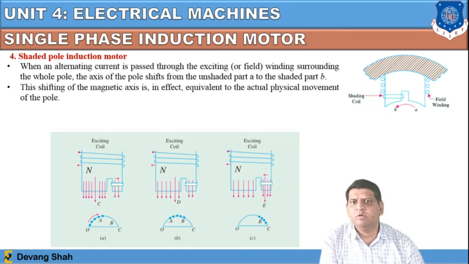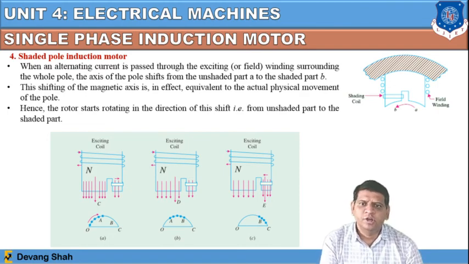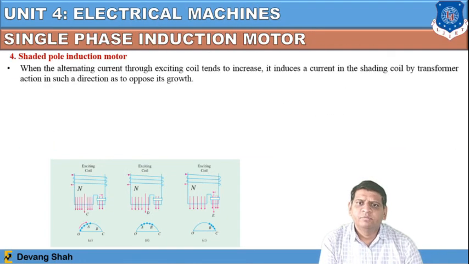The shifting of the magnetic axis is equivalent to the actual physical movement of the poles, hence the rotor starts rotating in the direction of this shift. Ultimately the rotor follows the shifting magnetic flux, which shifts from the normal pole to the shaded part, right?